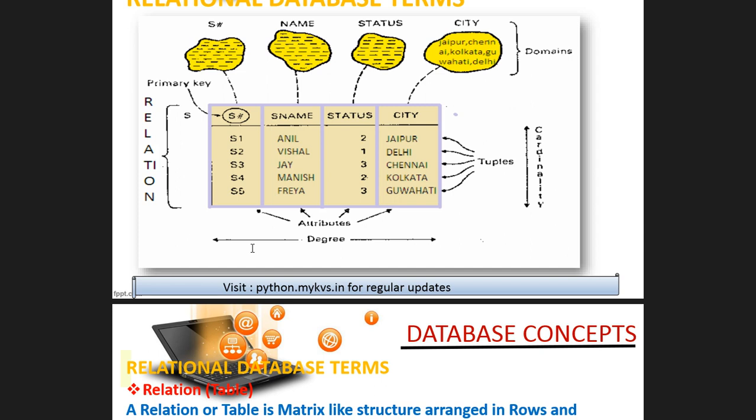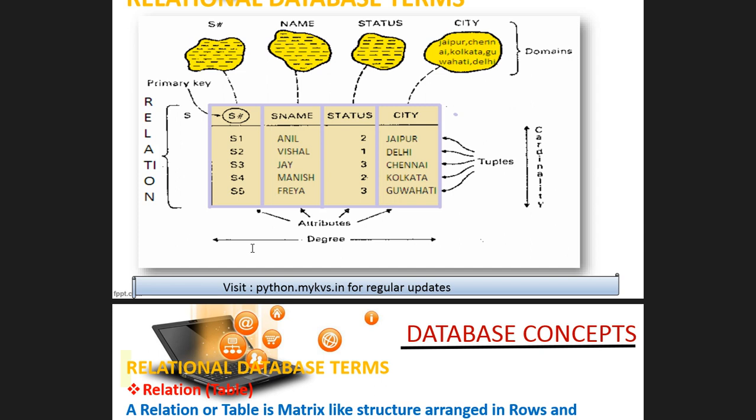But if I write S1 Anil 2 Jaipur, and in the next line S2 Anil 1 Delhi, or again S2 Anil 2 Jaipur itself, there is one particular column where the values are different. That is your student number, student identification number. That particular column, where the values will never be repeated, identifies a record uniquely.